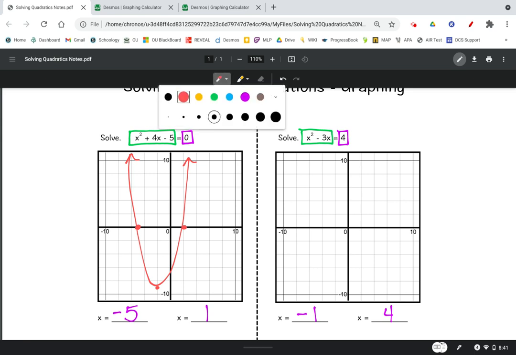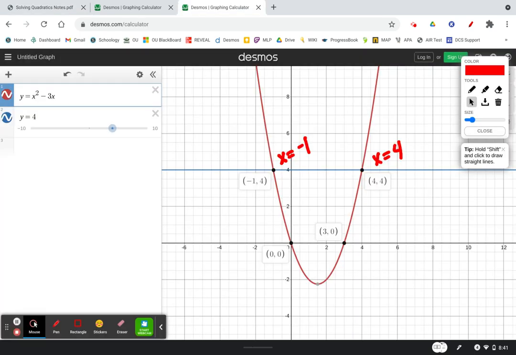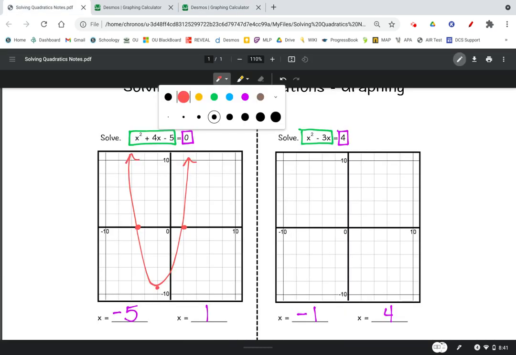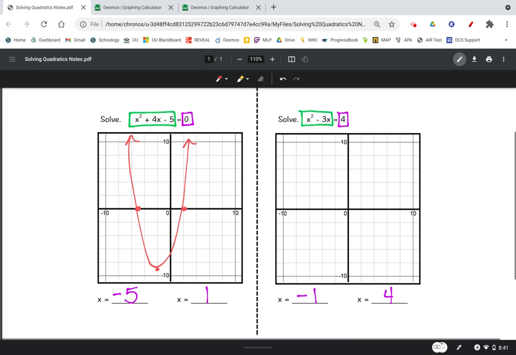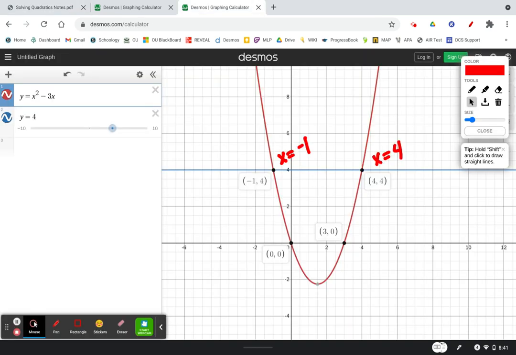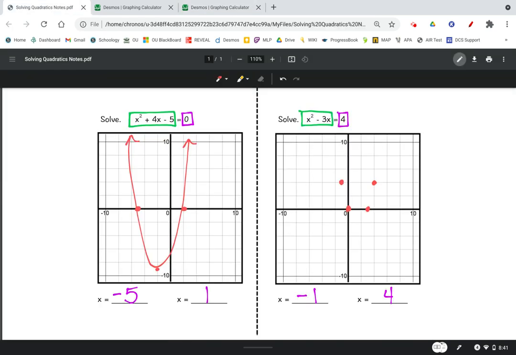Let's make it red again. And one last time, -1, 4 was a point, which was right here. And then 0, 0, and then 3, 0, and 4, 4. Okay, so my other point, if I remember, is just past 2.